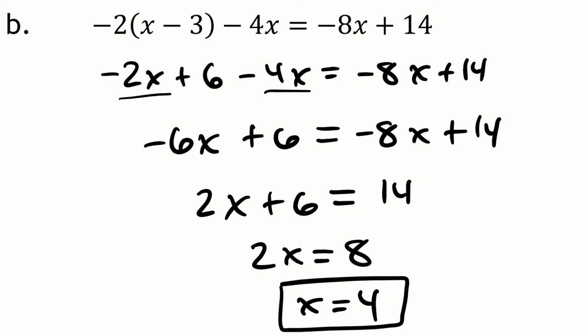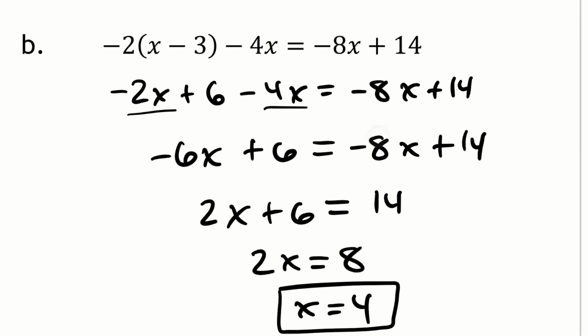If you're at all suspicious, a good strategy is to always plug this number back into the original equation and make sure you get the right thing, just to show you that it's not too much of a burden to do that. If I put the number 4 into this first set of parentheses, 4 minus 3 is 1, so I'm left with a negative 2. If I put a 4 here, this is going to be negative 16.